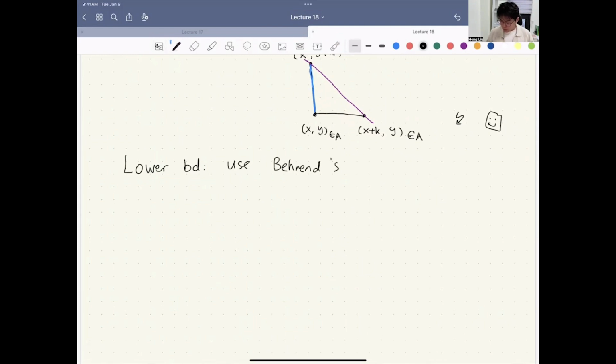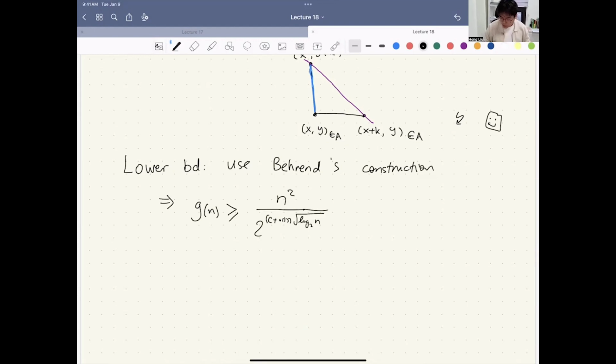We can get that the maximum size is at least n squared over 2 to the (c plus little o(1)) square root of log base 2 of n, where c is 2 square root 2, about 2.828.